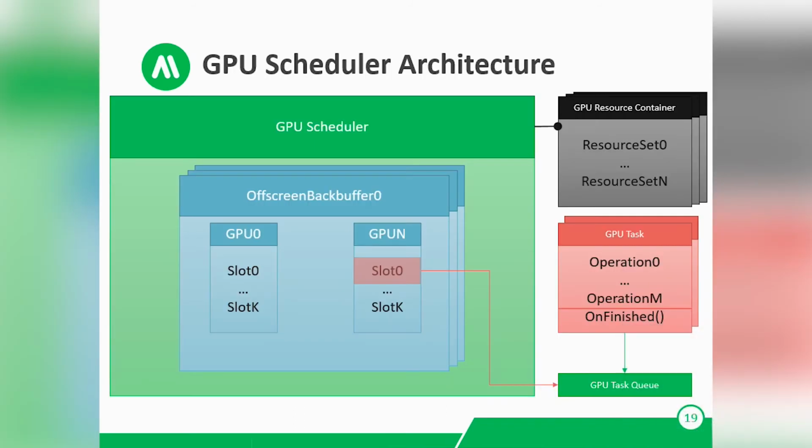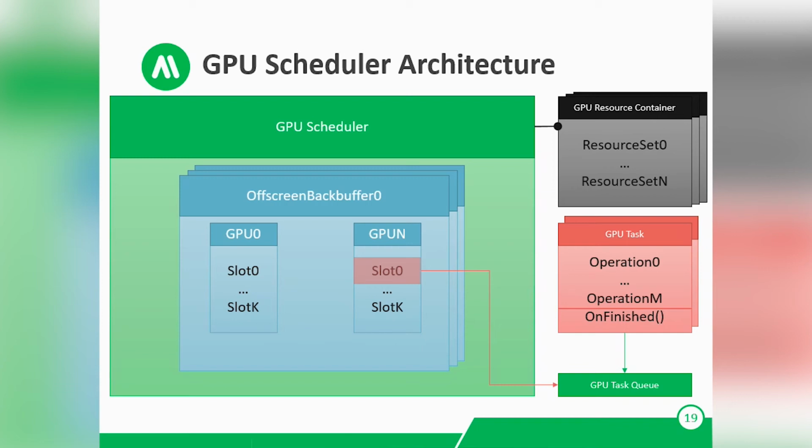You can see our GPU scheduler architecture here. It has two main parts, the off-screen back buffer and a GPU resource container. The off-screen back buffer is responsible for managing our GPUs and GPU slots.